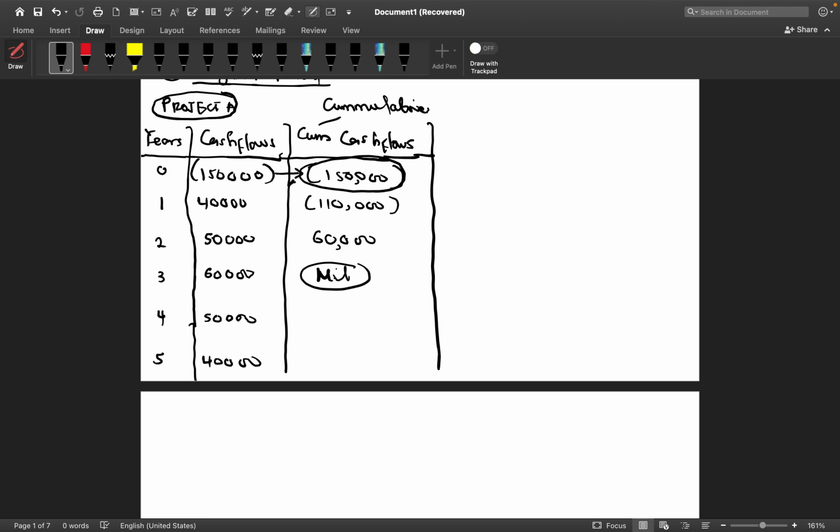It was in year 3 that we had the nil. Therefore, the payback period is 3 years. So that's how we solve it.